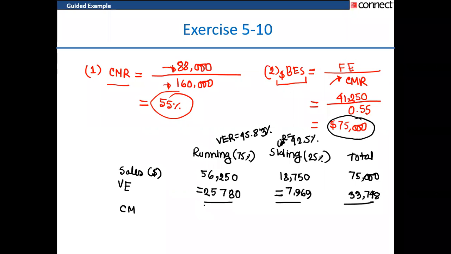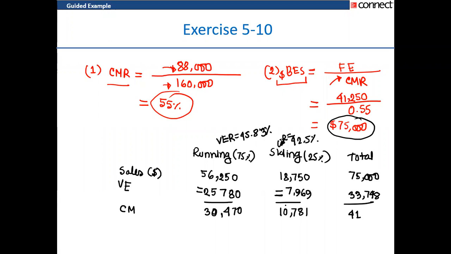Okay, what should be the contribution margin here for running? 30,000 something. 30,470, and for Skyeng it should be 10,000 something. 10,781, and in total it should be 41,000.